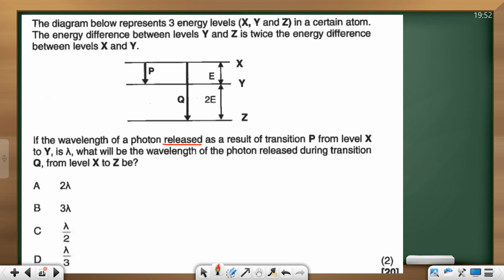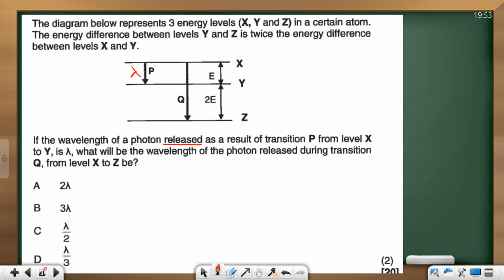If the wavelength of the photon released as a result of transition P from level X to Y is wavelength, what will be the wavelength of the photon released during the transition Q from X to Z? Anybody? 2 minutes, we sign out.